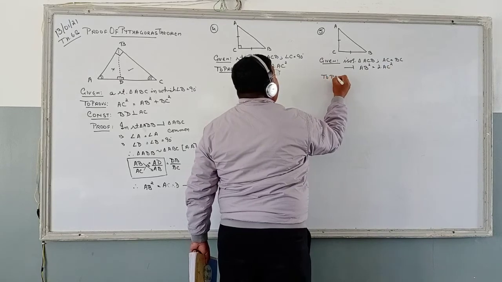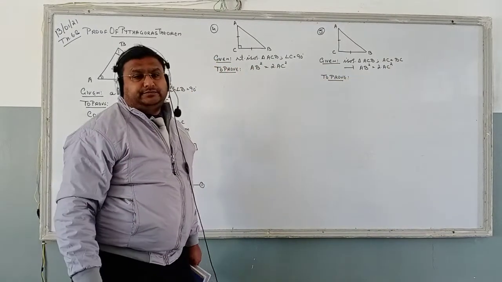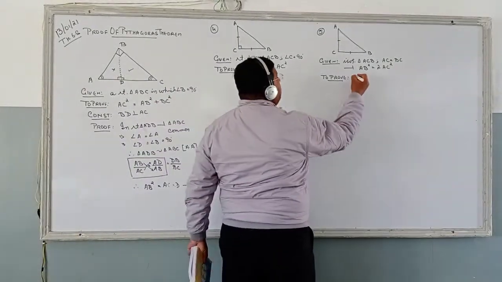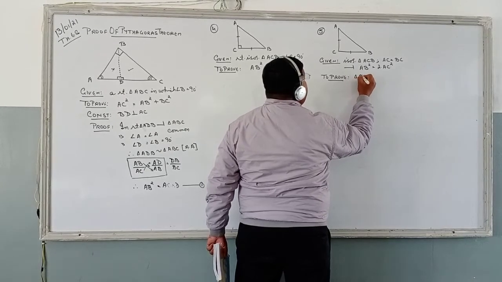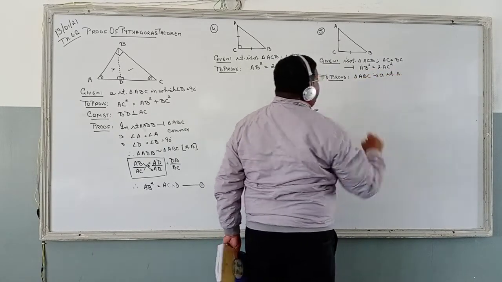And what we have to prove? We have to prove that it is a right triangle. Yes or no? He says prove that ABC is a right triangle.